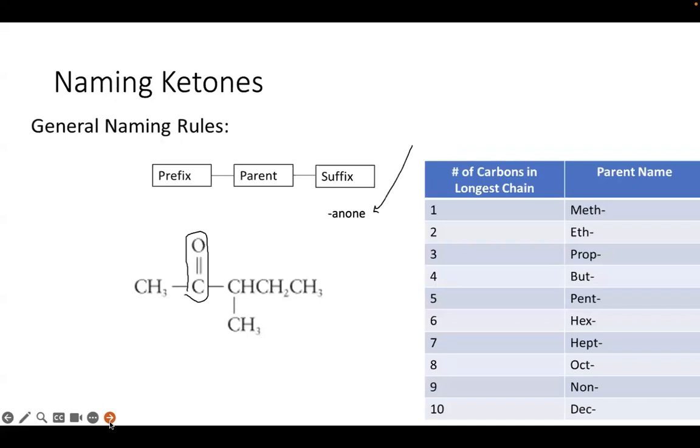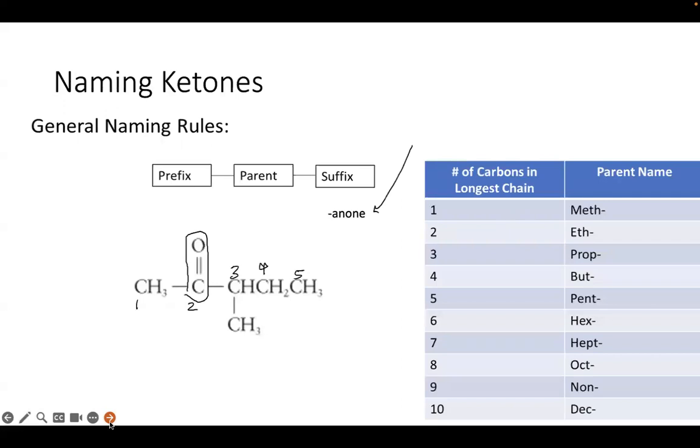So we're going to number our carbons: 1, 2, 3, 4, 5. I could number left to right or right to left, but I want to put the ketone at the lowest possible carbon. Going from left to right puts that functional group at carbon 2, which is the lowest it could be, because if I numbered the opposite direction, it would be at carbon 4.